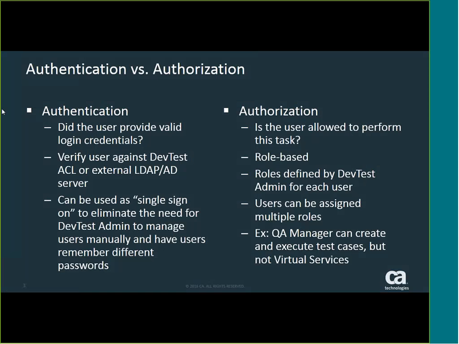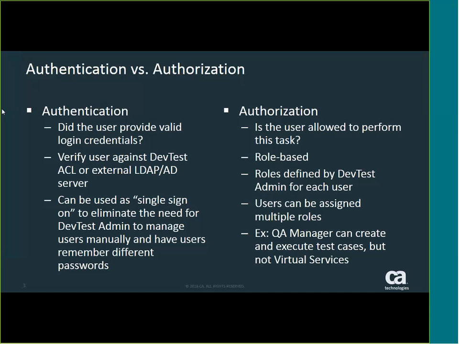There's 3 main usage scenarios. Before you can access DevTest, you have to be authenticated with valid credentials and then authorized to perform a task. And the task would be a permission associated with a role, associated with the user, right? So again, we have authentication, which is logging in, and authorization, which is performing an action once you log in. This applies to the UIs and the CLI as well.